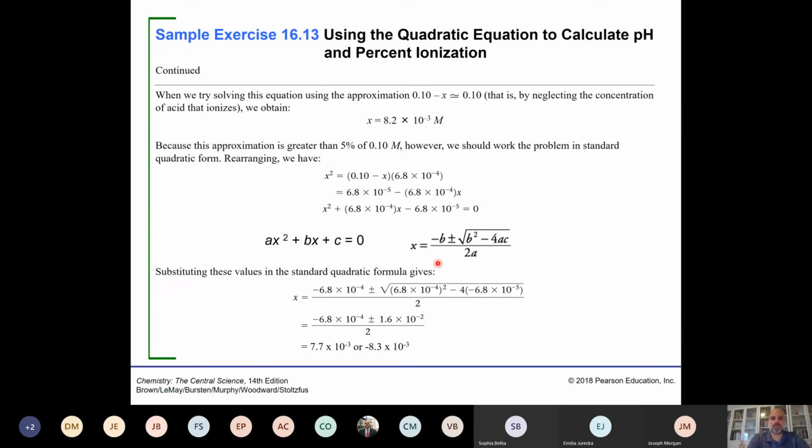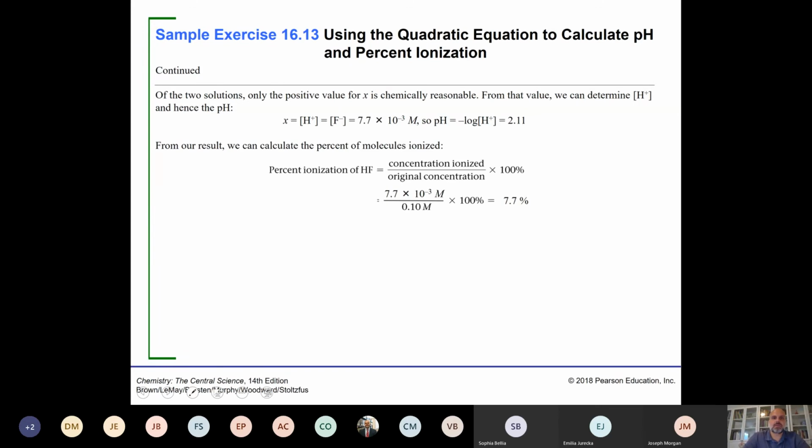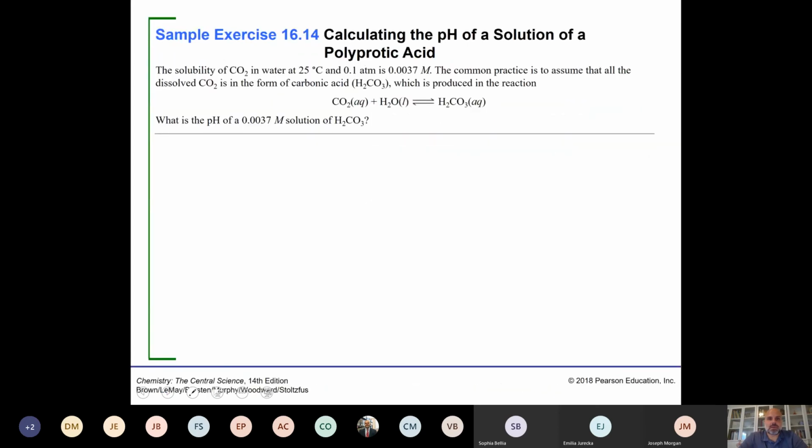So we plug in here, and you solve, you get the two different concentrations. Then you take the one that makes the most sense and plug it into the pH equation. Or actually, you don't even need to do that because you're doing percent ionization. You can just simply plug it into the equation down below. All right. That problem was a lot longer than I expected it to be.